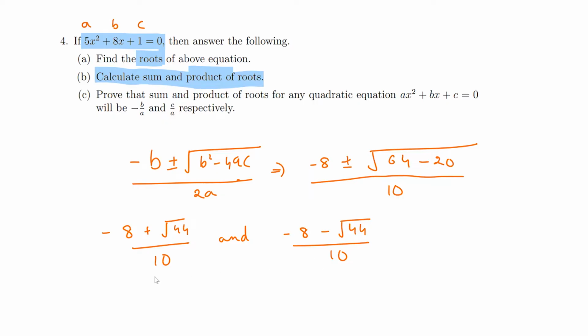And if we simplify it taking 2 common out, you will get minus 4 plus root 11 by 5 because the 4 comes out of the square root and becomes 2, and minus 4 minus root 11 by 5.